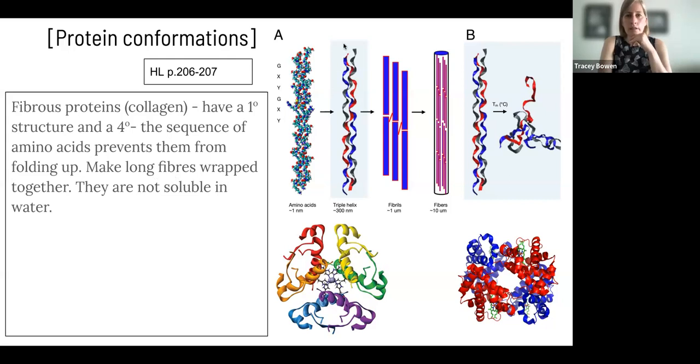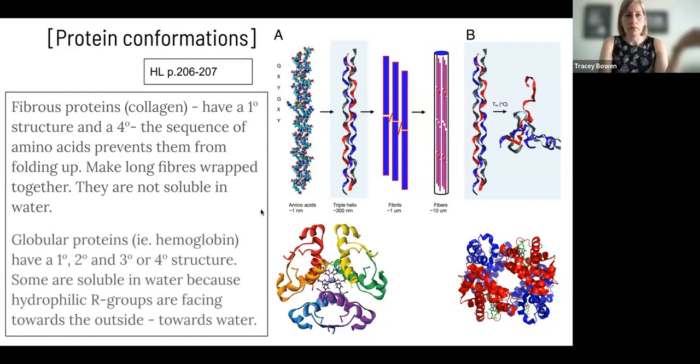And that means because there is no alpha helix, then the molecules can line up and attach to each other so that the long fibers can be wrapped together and they will not be soluble in water. This is one of the characteristics of fibrous proteins.